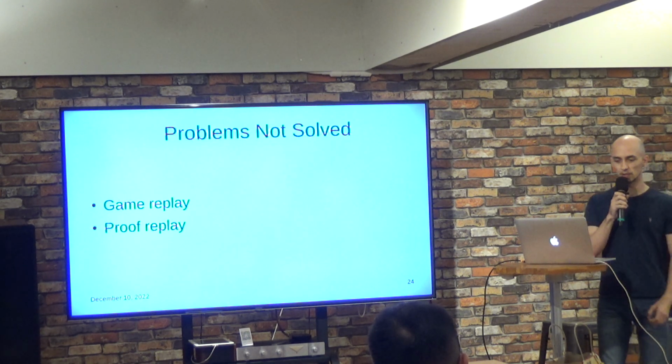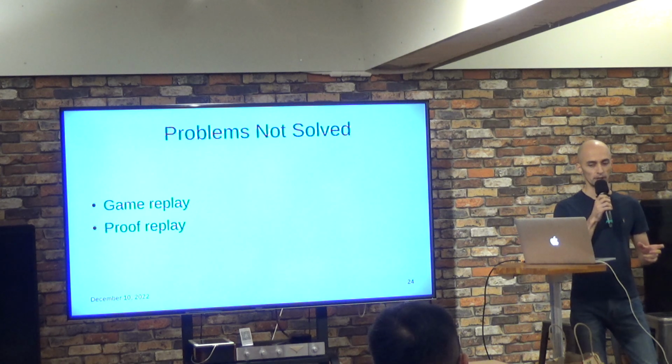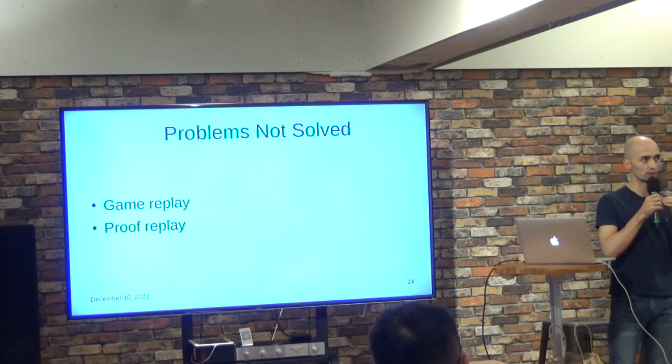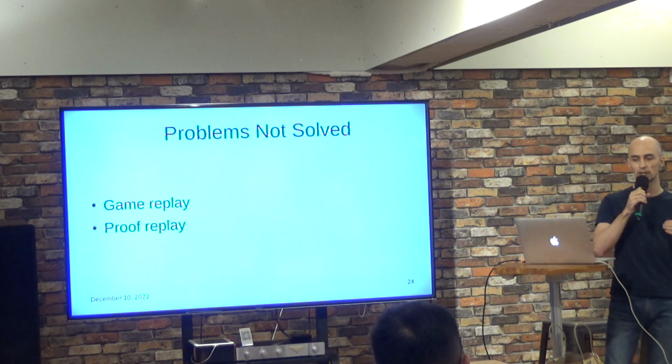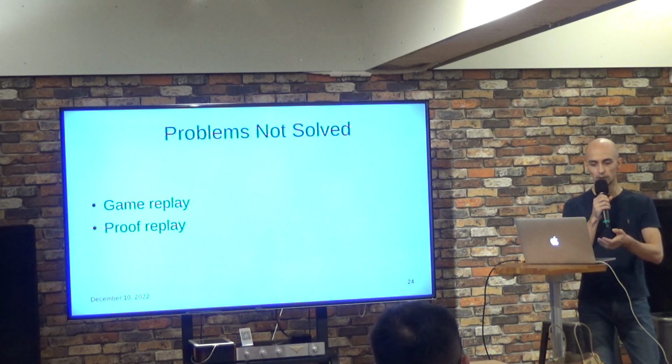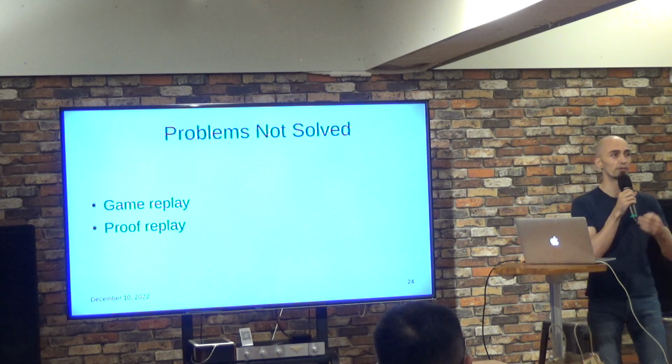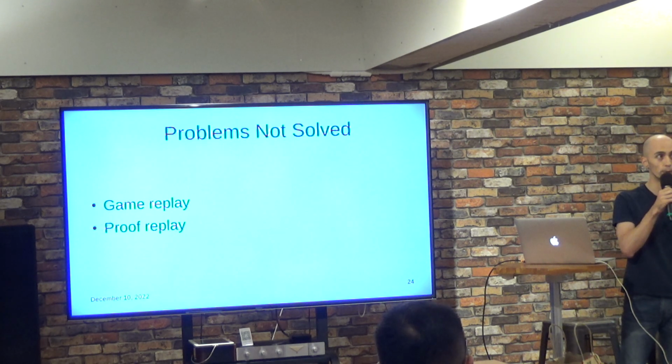When there is some identifier that is also constrained inside the proof, that identifier is generated. In our case, it would be generated for every game round per player. So you get a random ID that identifies you yourself and the game round that you're playing.